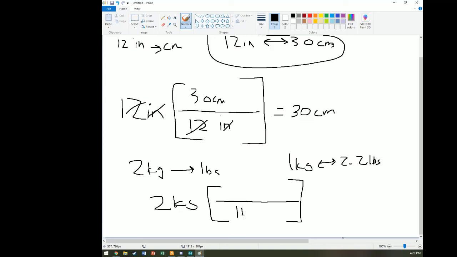So 1 kilogram, 2.2 pounds. And then we notice how lovely the units do cancel out, and we just multiply 2 times 2.2. We just multiply with a fraction essentially, and we get 4.4 pounds. And yeah, that's it. Thank you very much.